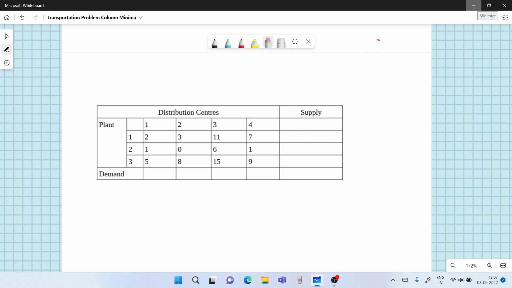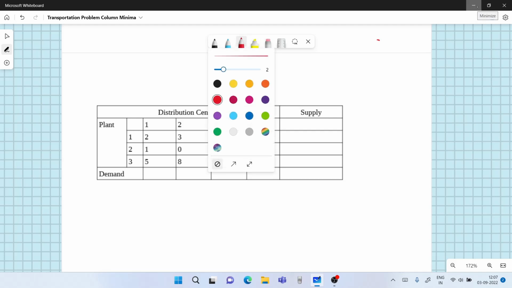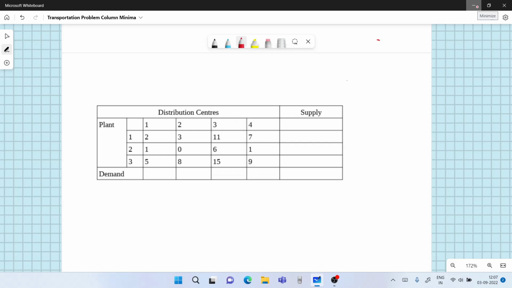In the column on the right hand side, I write the supply from each plant, and in the bottom row, I write down the demand from each distribution center. The supply from plant number 1 is 6 million liters. The supply from plant number 2 is 1 million liter, and the supply from plant number 3 is 10 million liters. Now the demand from distribution center number 1 is 7 million liters.